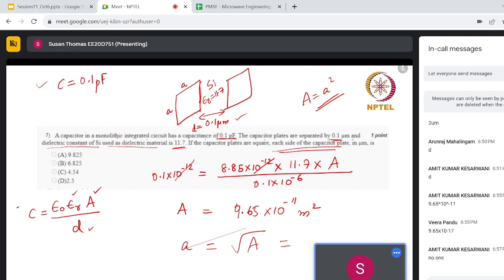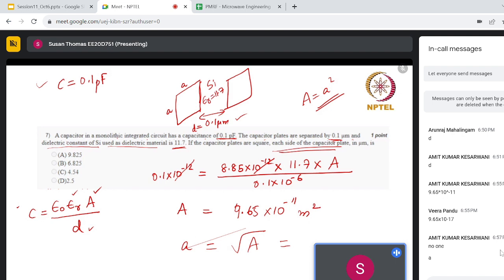There is an answer option right there. Can you check once again? Okay, the right option is 9.82 micrometer. That is option A.